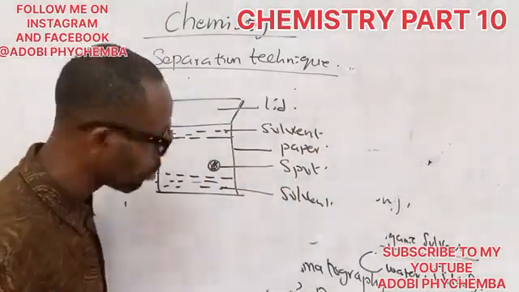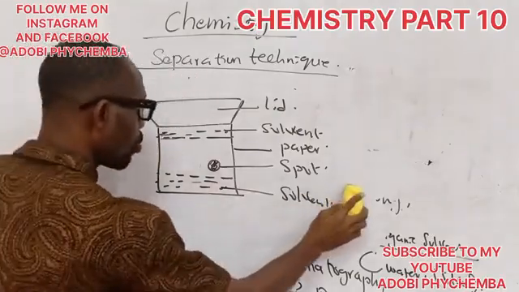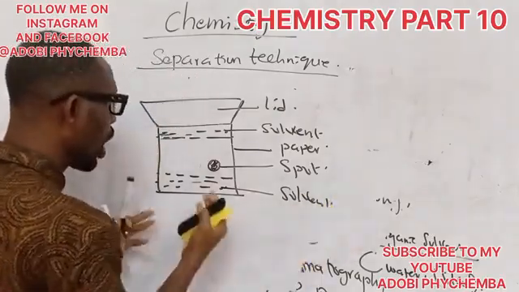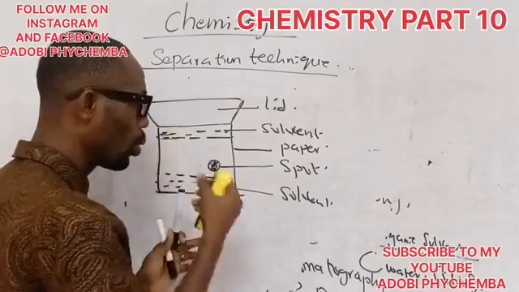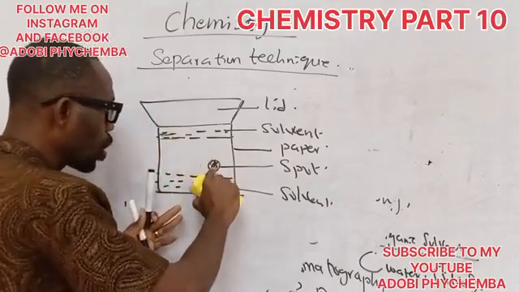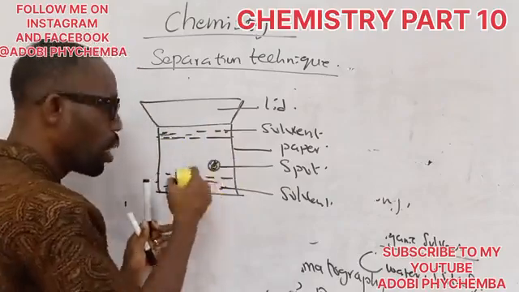Then also let me give you a formula that has to do with how the solute, the complex mixture, separates and moves. When the mixture begins to move, it migrates.